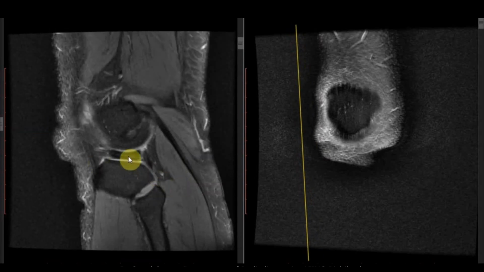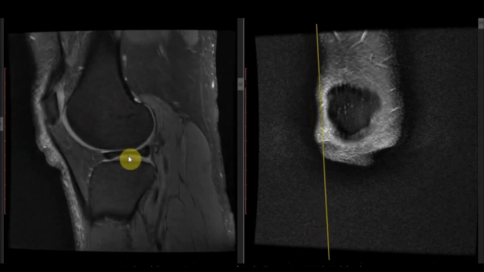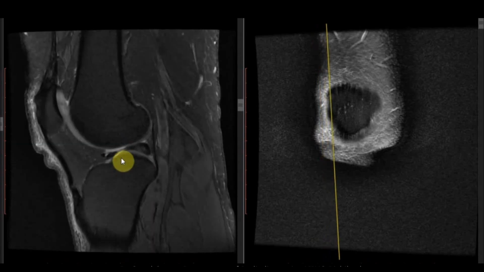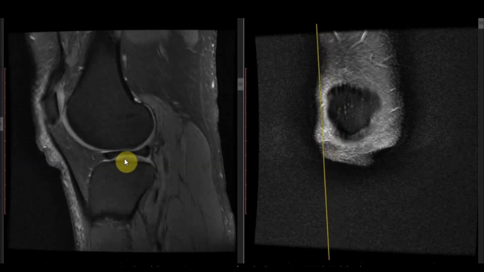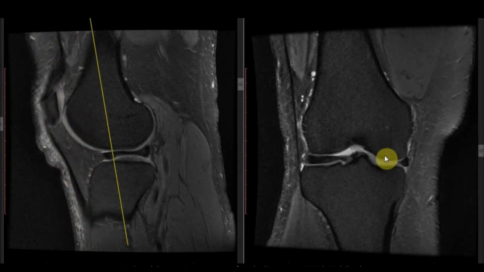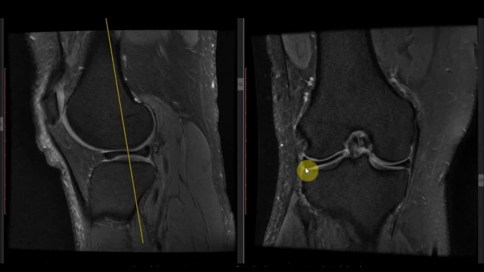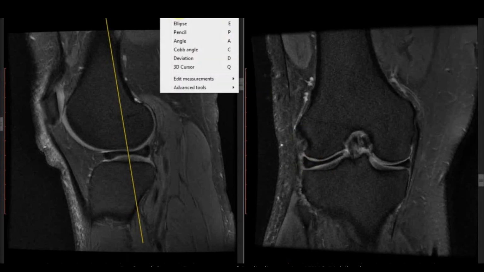This is the first section, second section, third section, fourth section, and fifth section, and it has a bow tie in all these sections. So this is a complete discoid meniscus, seen in the coronal plane. This is a discoid lateral meniscus. It covers the entire tibial plateau. This is a complete discoid meniscus. We can measure it.